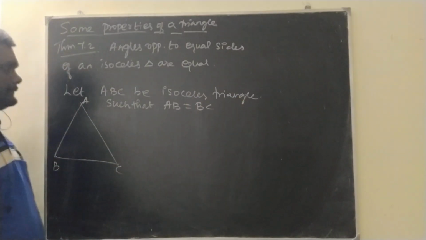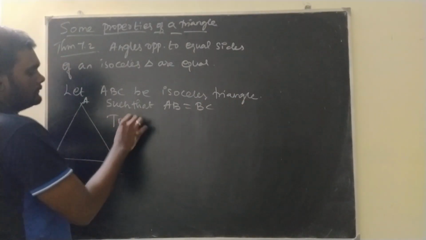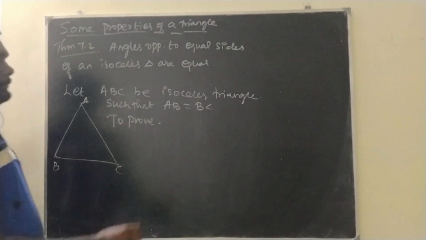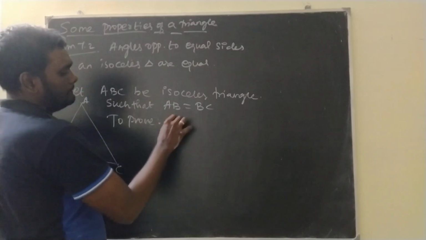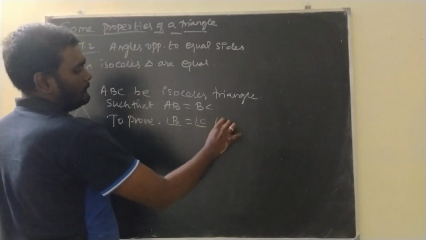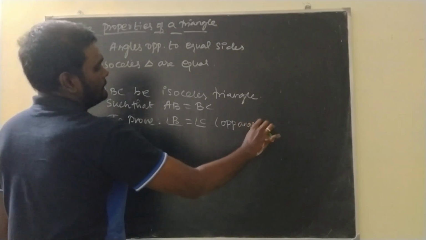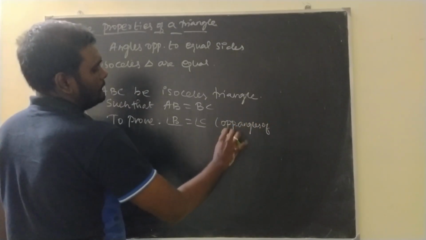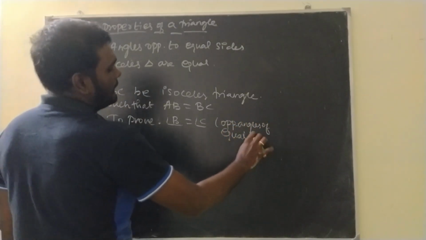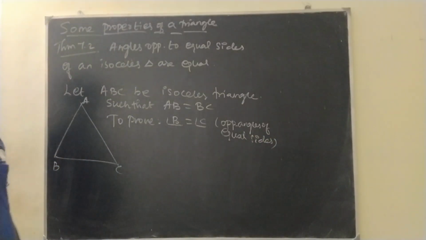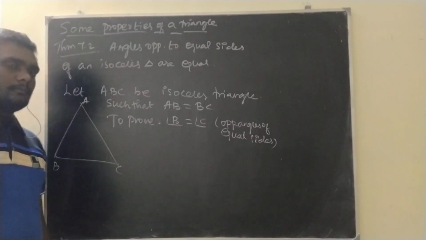And we need to prove that angle B is equal to angle C, opposite angles of equal sides. How to prove this?